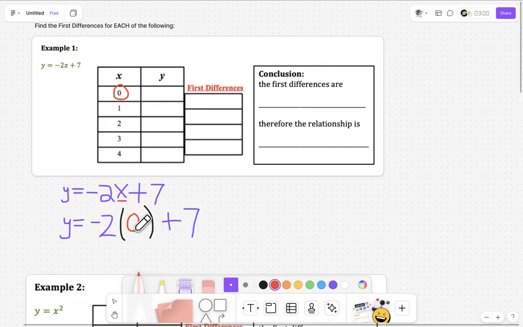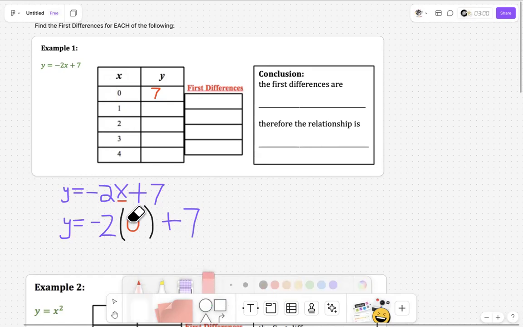In order to do this correctly, I have to use my BEDMAS rules. So we multiply first, and then we perform the addition operation. So negative 2 times 0 is 0, plus 7 is 7. So that is going to be my corresponding y value when x is equal to 0.